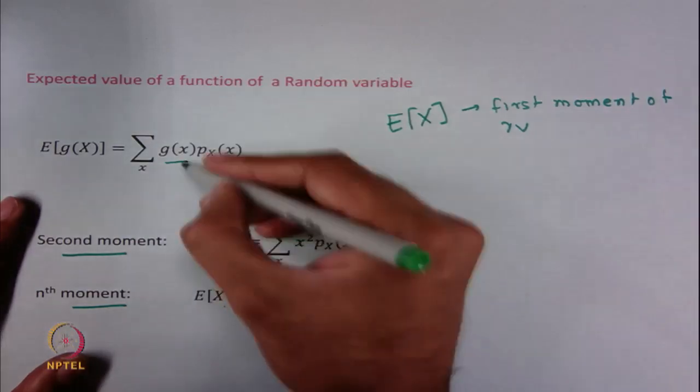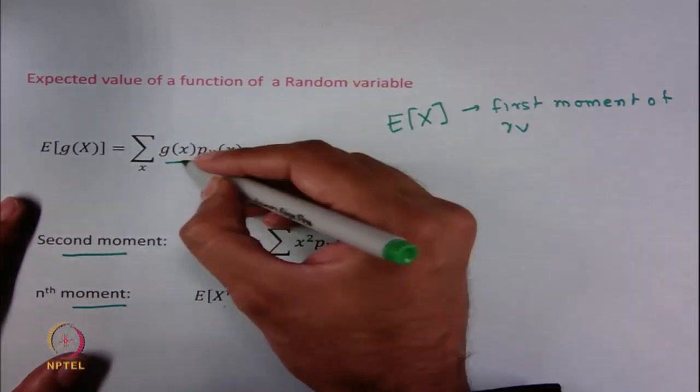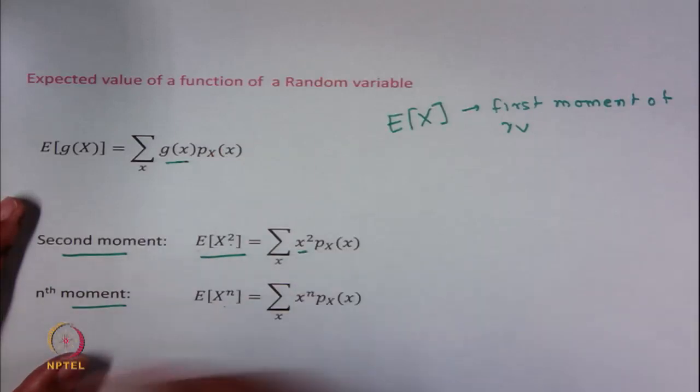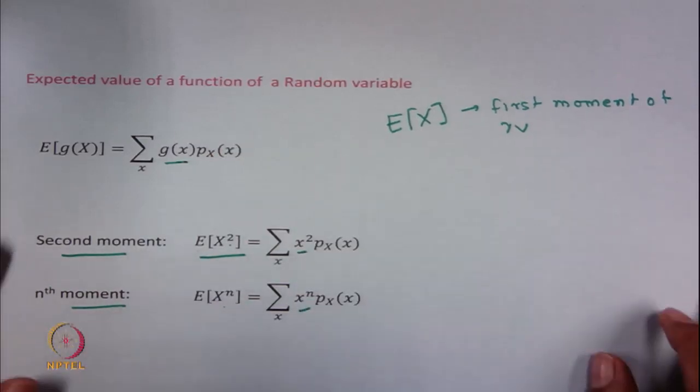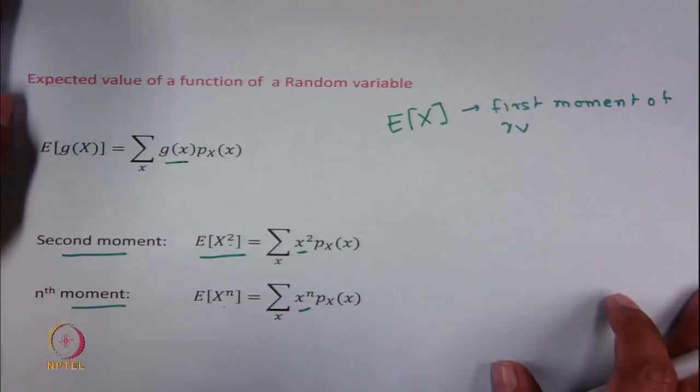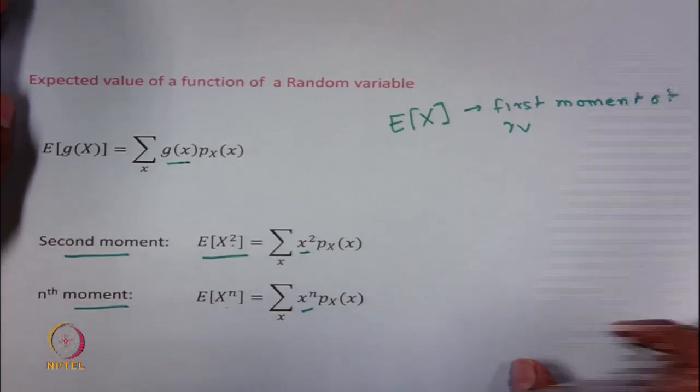In this case g of x is x square, and g of x is x to the power n. You can find the various moments of a random variable x.